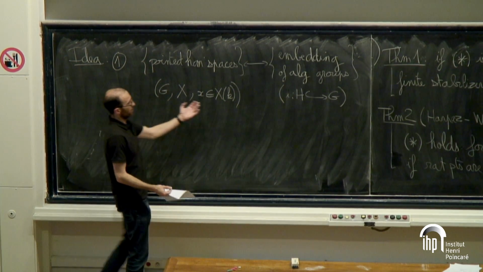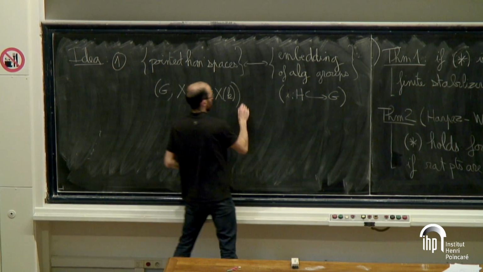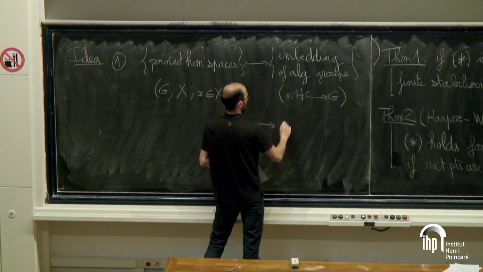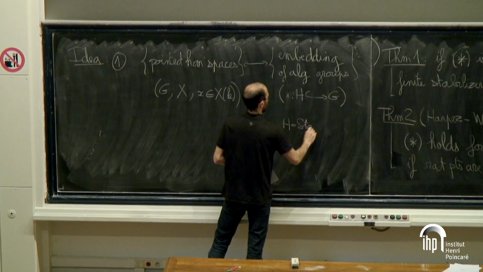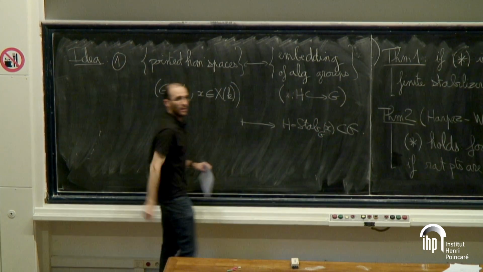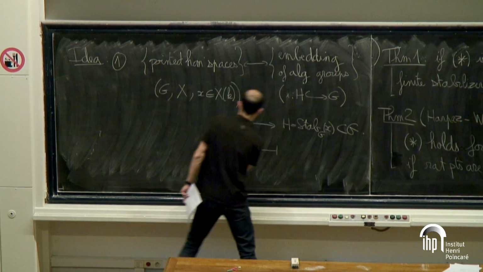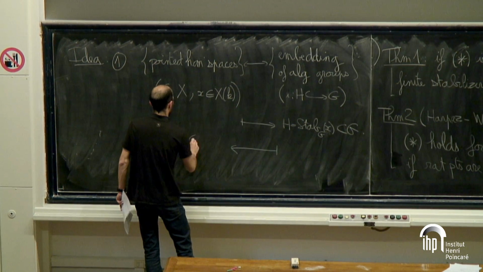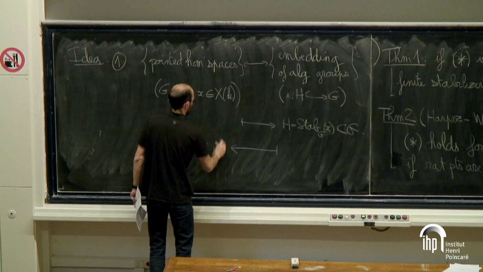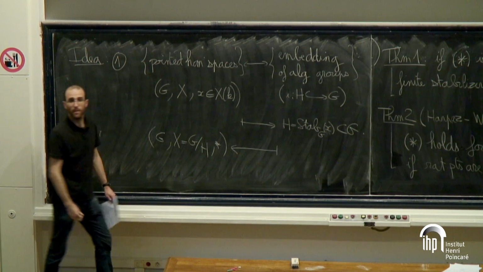Of course, here you attach to this data the stabilizer. So in this direction, H is just the stabilizer of the point inside G. And in the other direction, you just take the quotient, equipped with the canonical point coming with this structure, right?